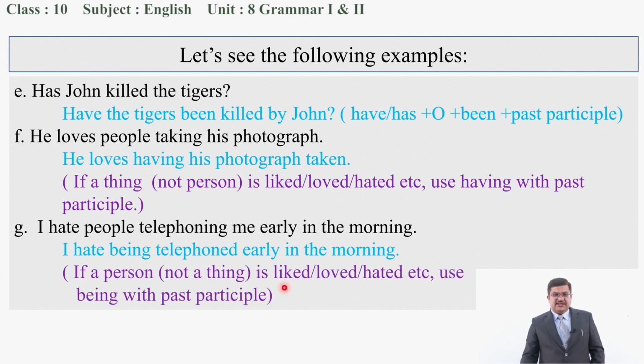If a person, not a thing, is liked, loved, hated, etc., use being with past participle. We use being with past participle, and the past participle form of telephoning is telephoned. That's why I hate being telephoned early in the morning is the passive structure of I hate people telephoning me early in the morning. Did you understand?